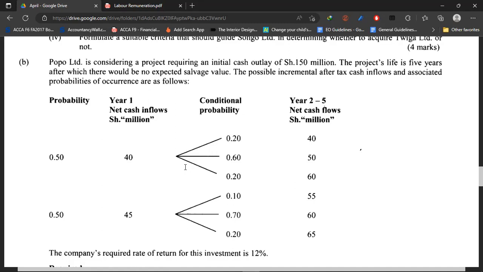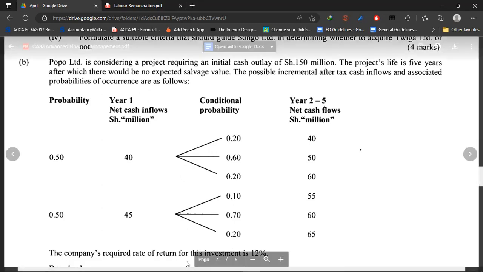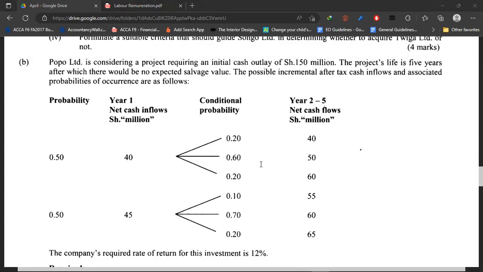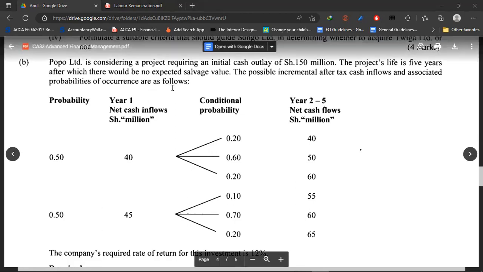Okay, let's read. Copper Limited is considering a project requiring an initial cash outlay of Kenya shillings 150 million. The project's life is 5 years, after which there would be no expected salvage value.